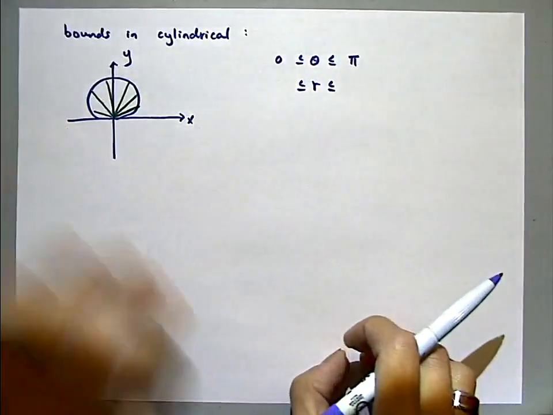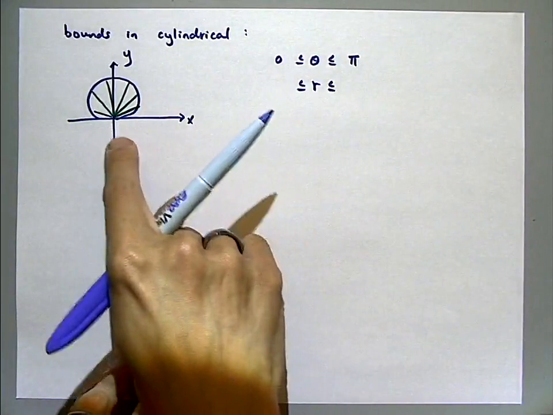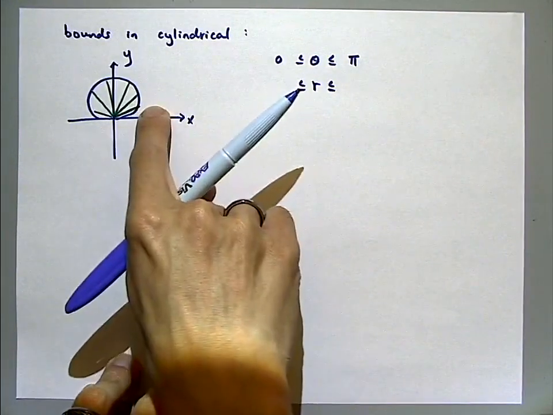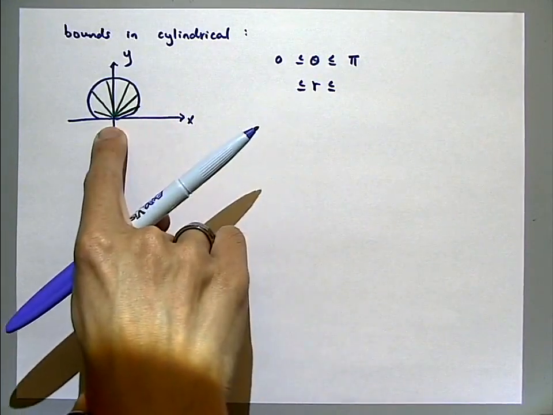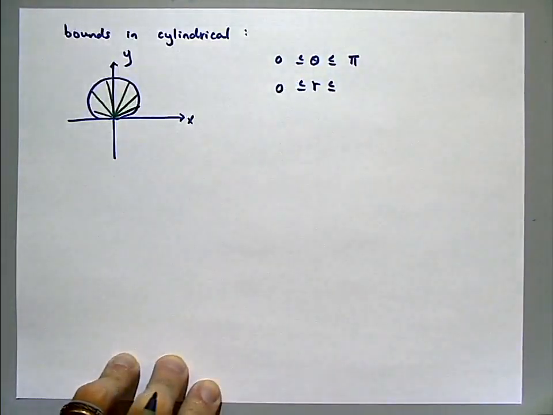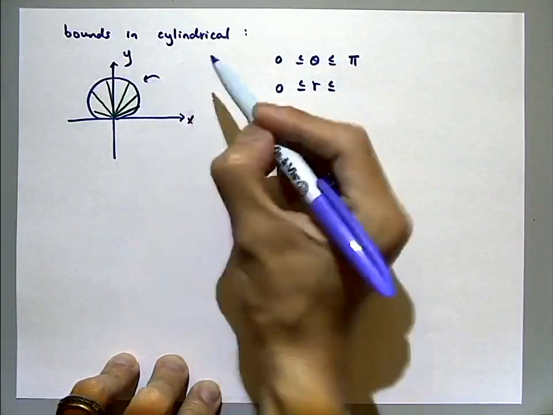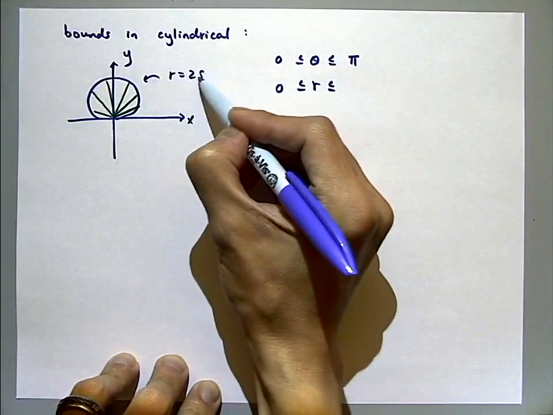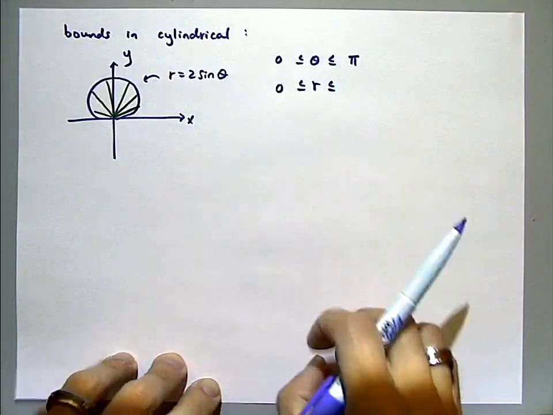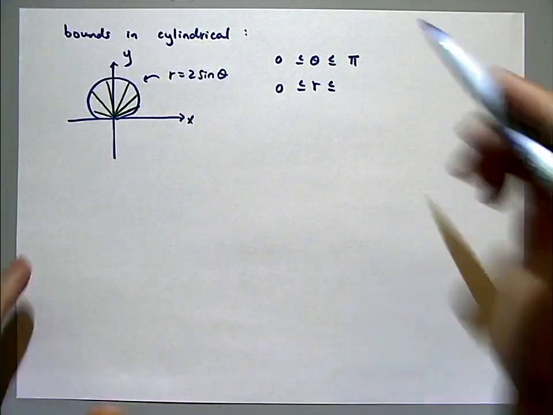What about r? R is how far you go with these green lines. Where do you start? Where do you end? Where do we start? 0. Yep. Where do we end? 2 sine theta, right. Remember, this circle is r equals 2 sine theta. That's the circle that was offset. So that would be the upper bound of r.